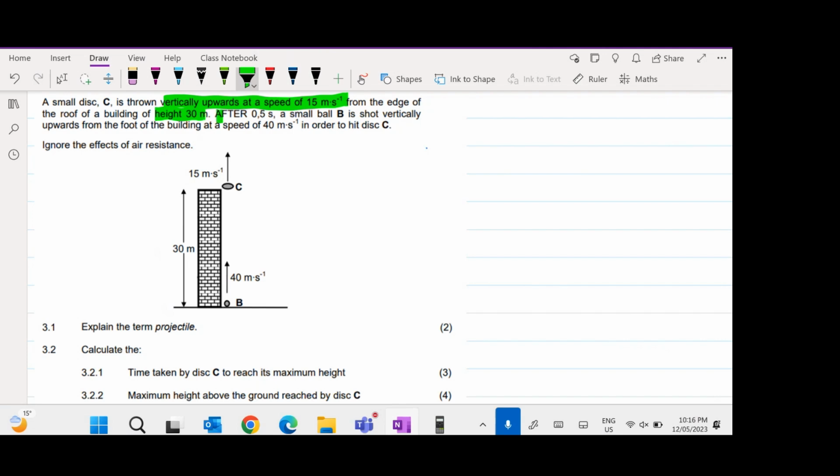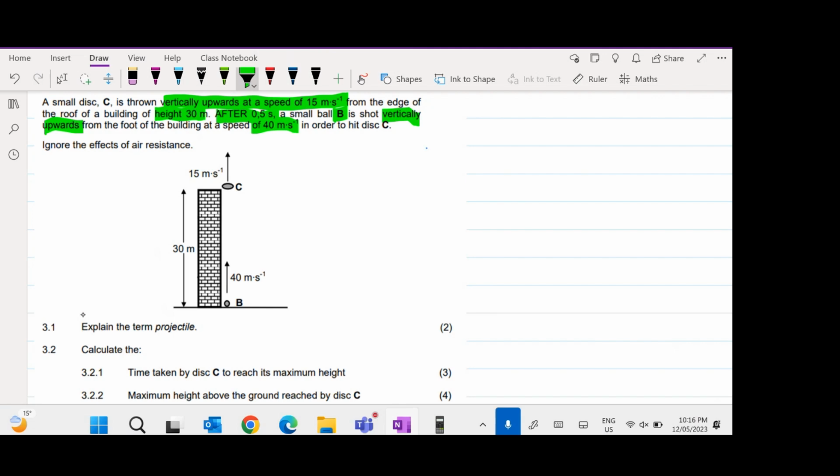After 0.5 seconds, a small ball B is shot also vertically upwards from the roof of the building at a speed of 40 meters per second in order to hit disk C. That is the background information they give us.